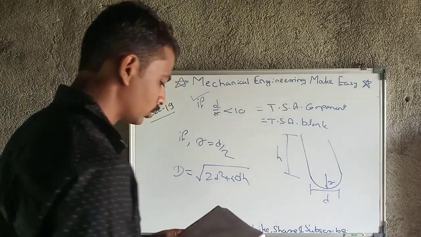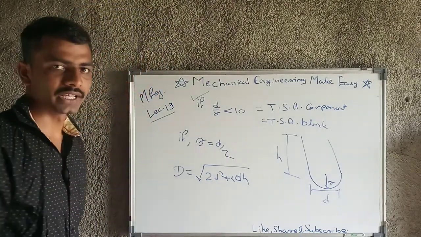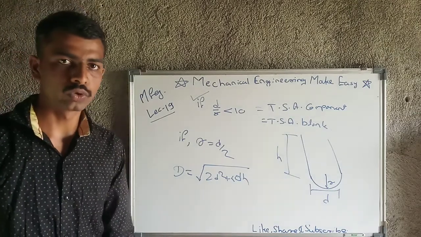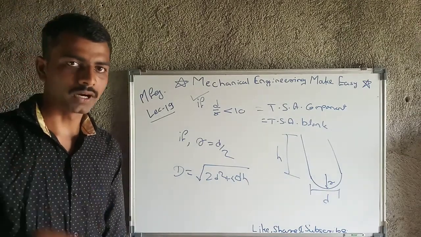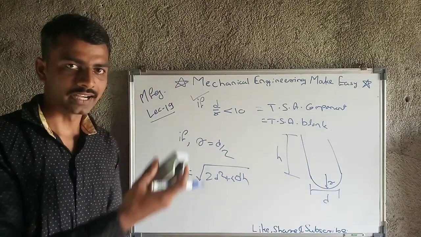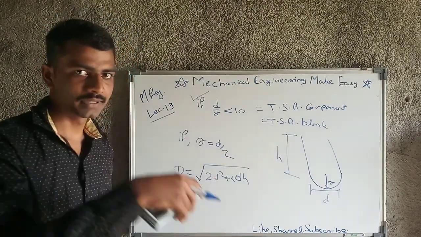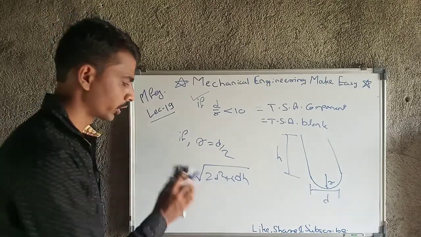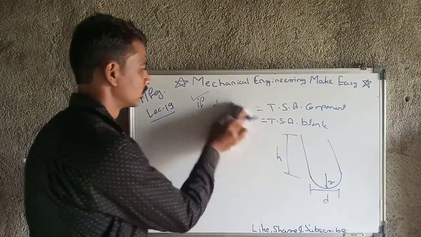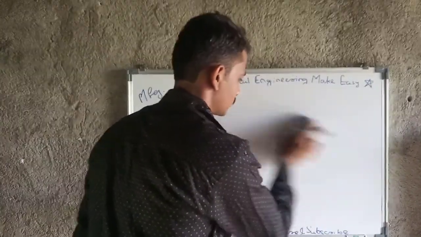Okay, so note down these formulas, and we will move towards the next topic now. And the next topic is load estimation in deep drawing. In case of deep drawing, we have one punch and die, so we have to provide some power to the punch, and the punch will exert load on the blank, and ultimately that blank will be deformed. So this is the basic of the deep drawing process.